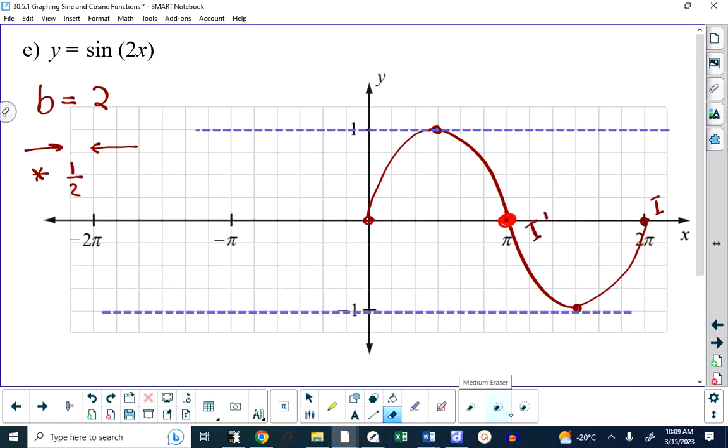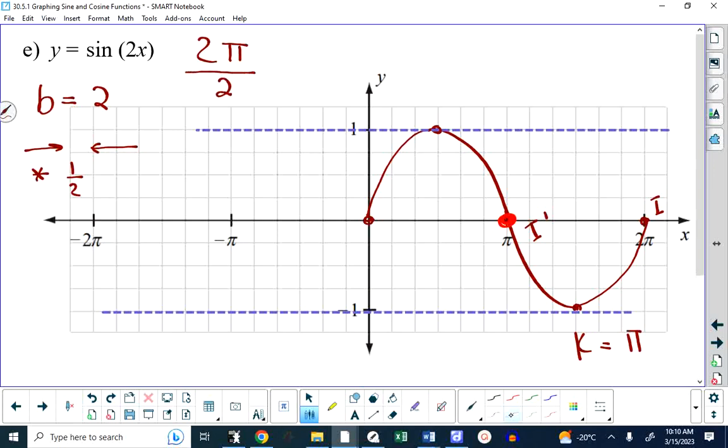So at the point 1 prime, do you see that the period is pi? The period is pi. I want you to notice that if you take the regular period of 2 pi and divide by b, you get that period.